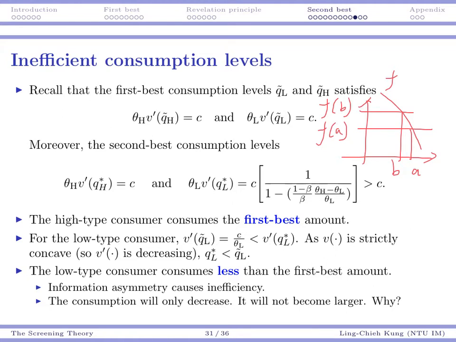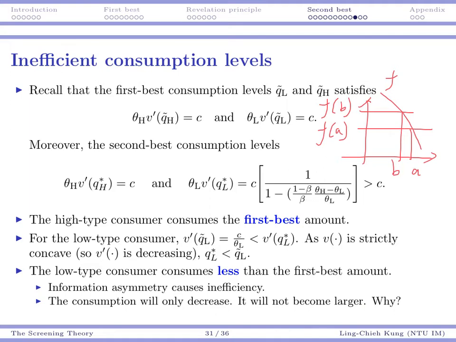Then you will have one question. There is a deviation from the first best solution. The low type consumption level is smaller. Is it possible for it to become bigger? According to our analysis, it's impossible.